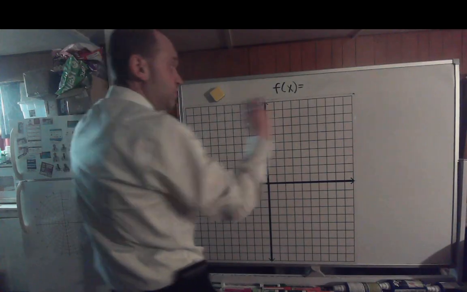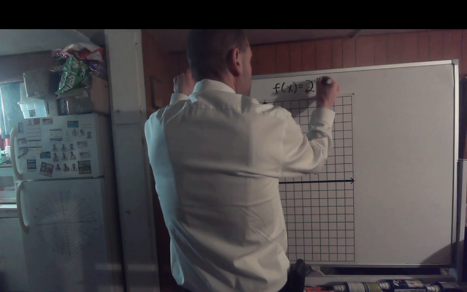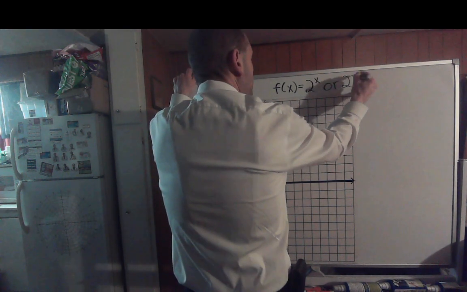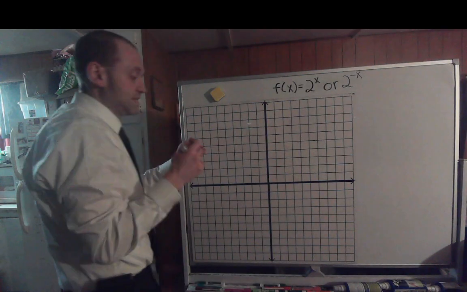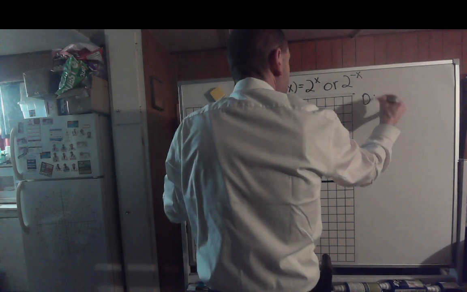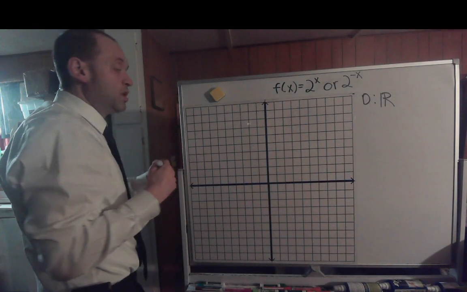Oh yeah, I did want to talk about whether it's 2 to the x or 2 to the negative x, if it's a reflection in the y-axis. So you notice your domain is not restricted. Your domain is literally the set of all real numbers. You could pick any value of x you want, but it's your range that changes.